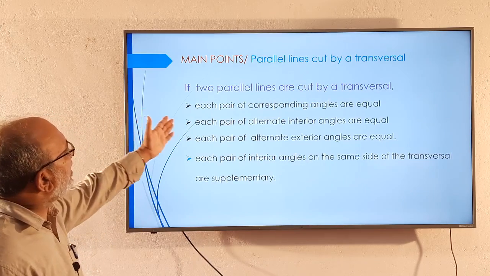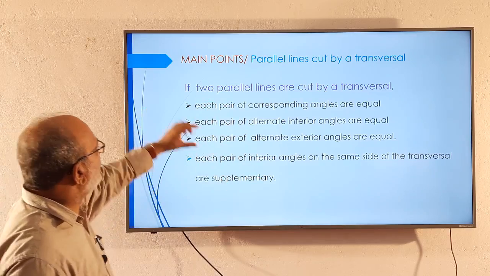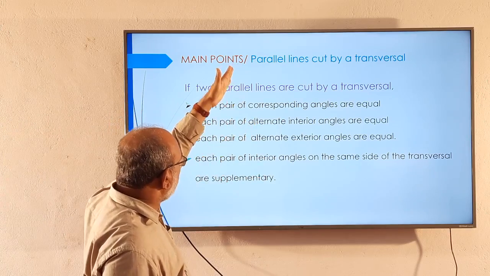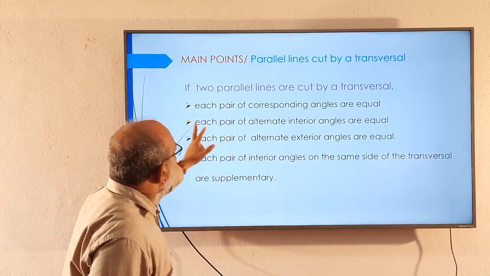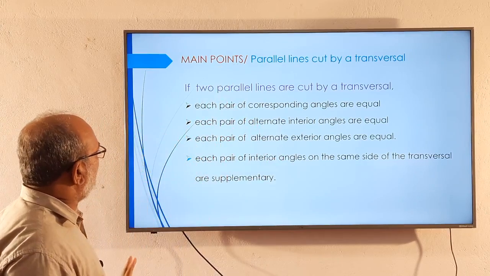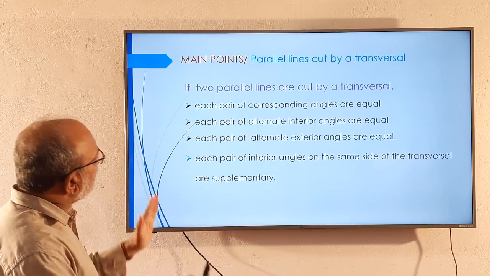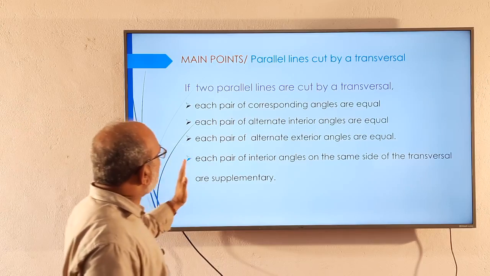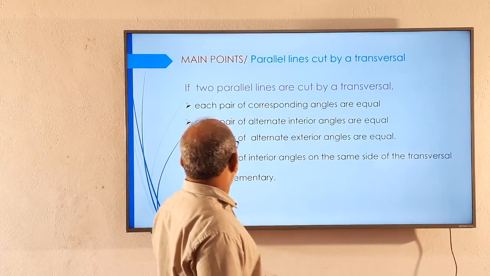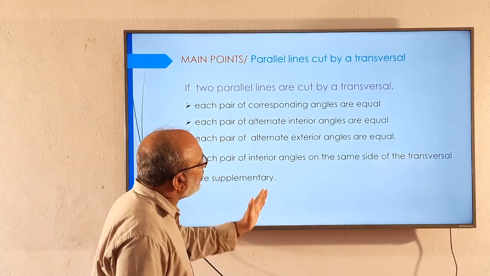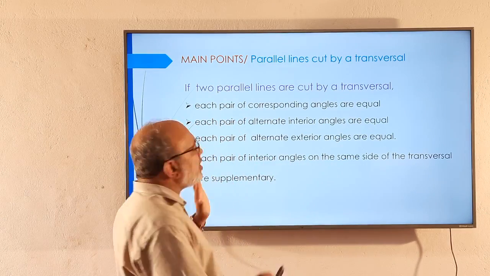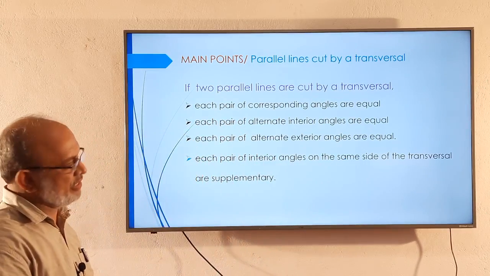If two parallel lines are cut by a transversal, each pair of corresponding angles are equal, each pair of alternate interior angles are equal, each pair of alternate exterior angles are equal, and each pair of interior angles on the same side of the transversal are supplementary, 180.